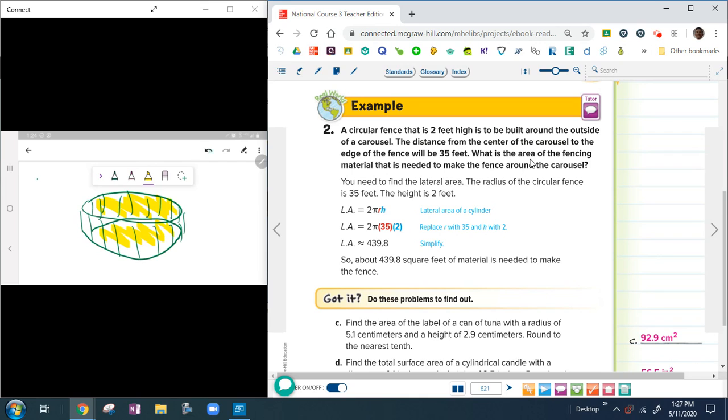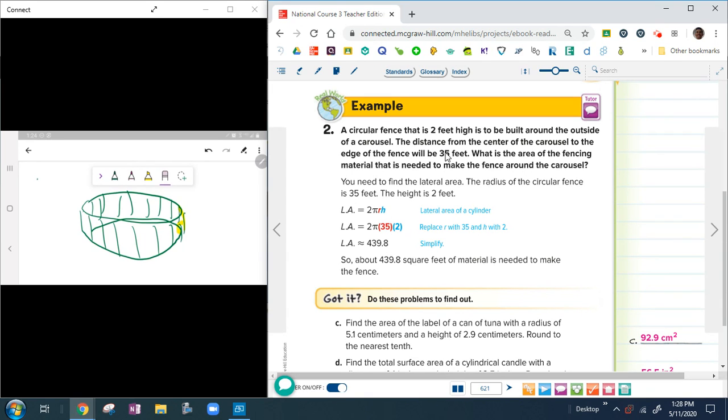We're just looking for the outside area, all around here, just the outside area. So in this case, we're just looking for the lateral surface area. So you just need to use that formula, calculate, and you're good to go.